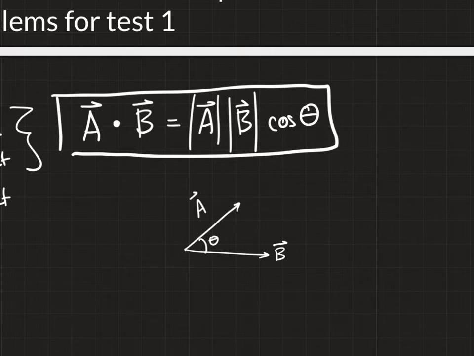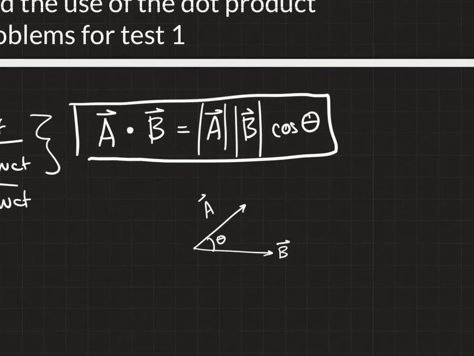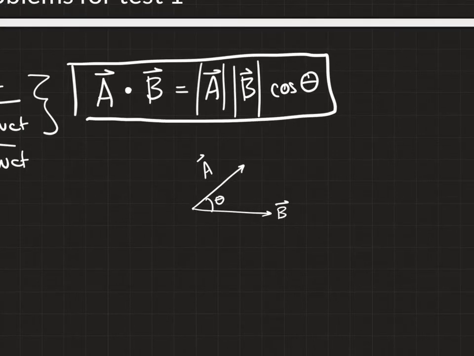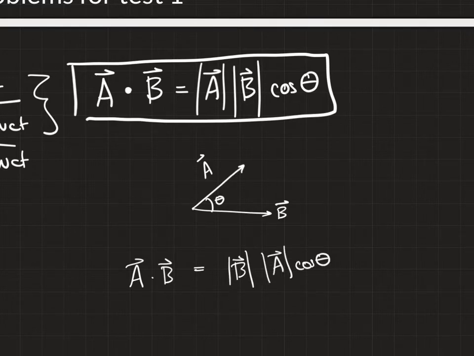So this will be the first use of this that we might drive at. I'm going to rearrange this a little bit. So A dot B equals, I'm going to pull the B out front like this, and then I'm going to have the rest of it here, A times cosine of theta.